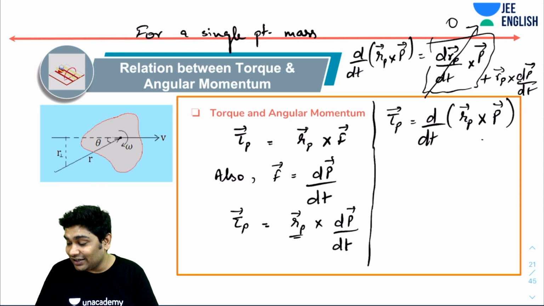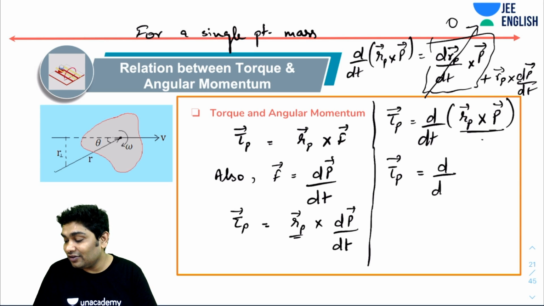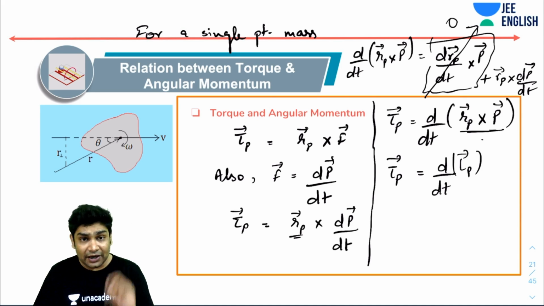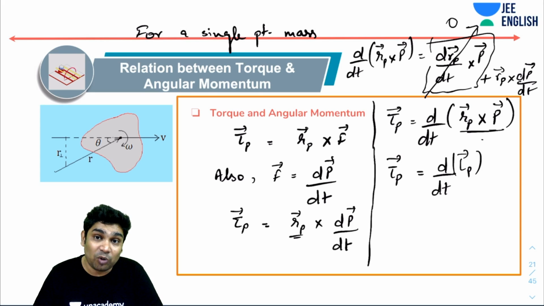And that is why you can write this. What you realize is that torque about P is equal to, now this is the angular momentum about P, d by dt of angular momentum about P. Okay. So torque about any point for any particle would be equal to the rate of change of angular momentum about the same point.